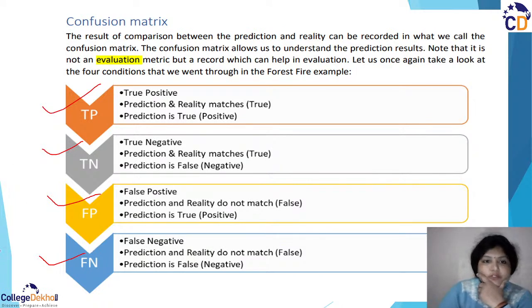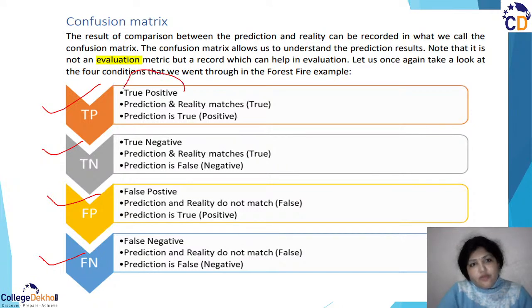You have the first condition, case 1, that is true positive. So I told you how to have a true positive condition: when both the results are matching, when both prediction and reality match, we have the true part. And whatever the value of prediction, if it is true, that means you will get positive.